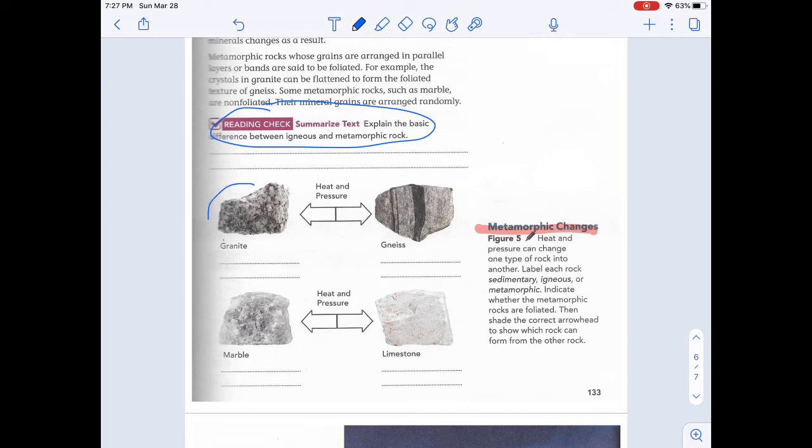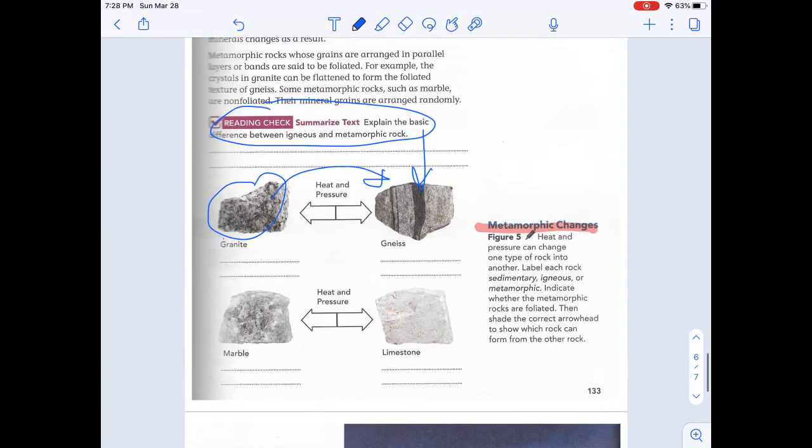So this rock right here, it doesn't have lines in it. But this rock, gneiss, so when granite is put under extreme heat and pressure in the earth, this often happens when mountains have been forming, it can metamorphose and turn into gneiss, which is granite that has the minerals that have been rearranged and squished and put under pressure to form an entirely new rock.